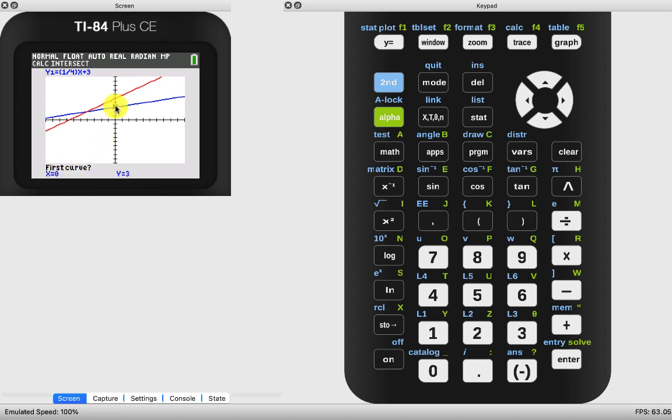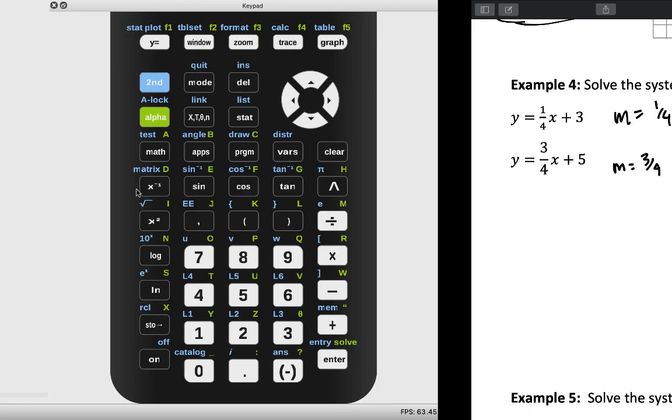So while the cursor is on one of them, press enter. And you'll notice the cursor jumps up to the other one, asks you for the second curve. Go ahead and press enter. And then the third one is always a guess. They want you to place the cursor as close to that intersection point as possible. So we're just going to move that cursor just a little bit to the left there, and press enter again. And there it is, -4, 2.